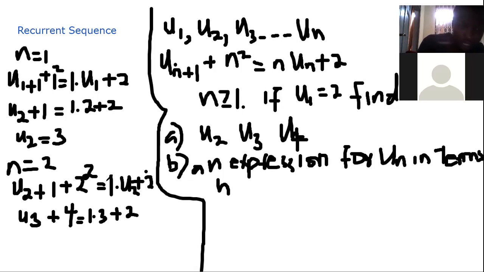I was supposed to place 2 here, because n is 2. Are you getting it now?